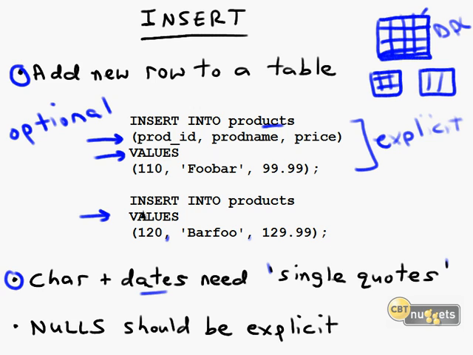For instance, if I in the second statement put barfoo without single quotes, I would get an ORA error in response. By contrast, if I enclosed 129.99 with quotes, I may get an error if I'm binding the number or float data types to that column. Actually, Oracle may indeed perform an implicit conversion there, seeing, well, this looks like a number. It seems to be coming in as a string based on these single quotes.